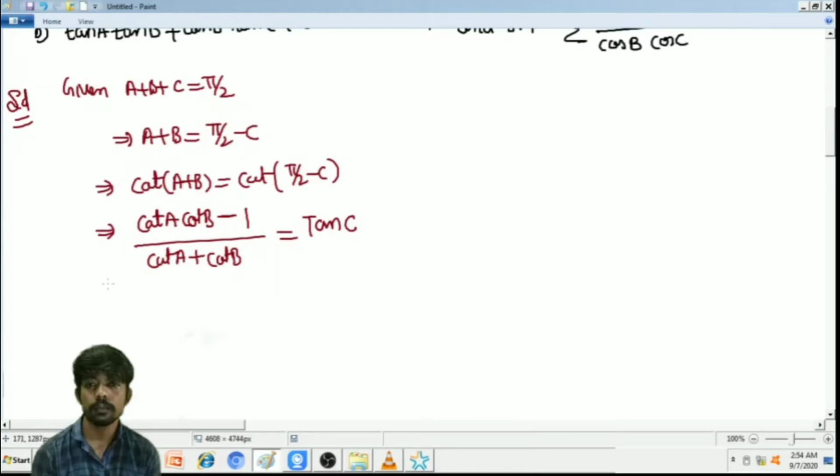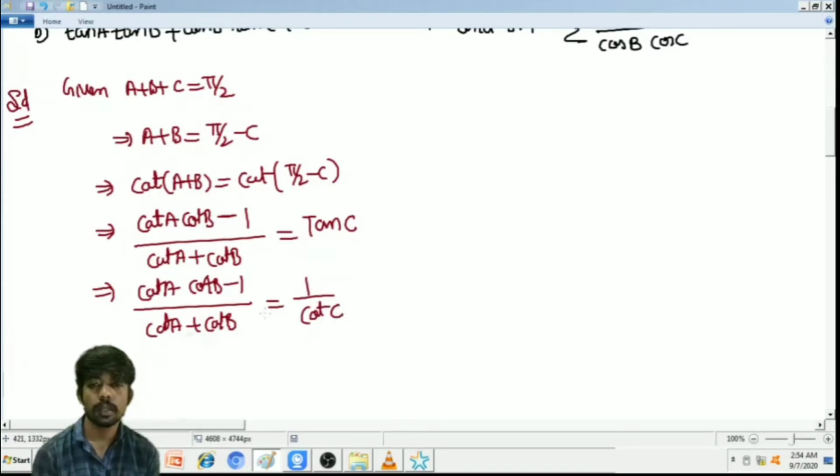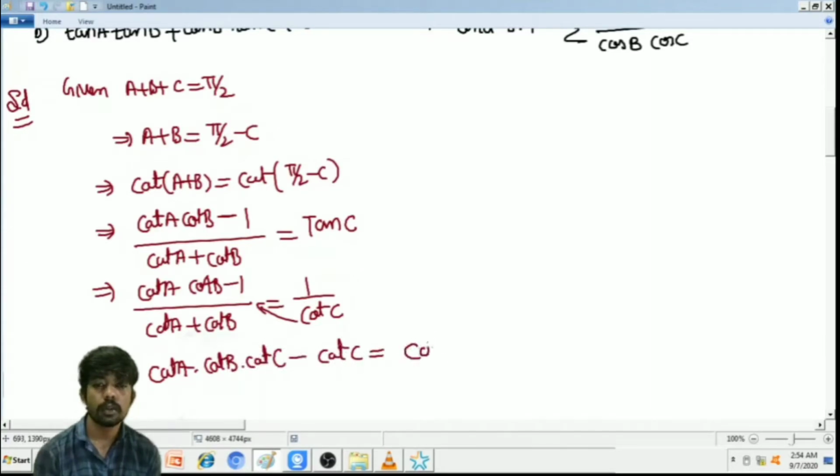I can write tan as 1 by cot c. So cross multiplication: cot a into cot b into cot c minus cot c is equal to cot a plus cot b.